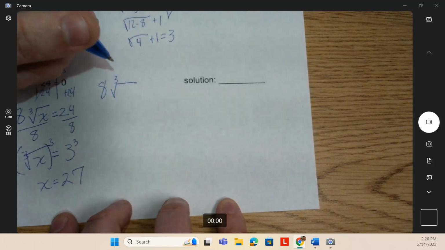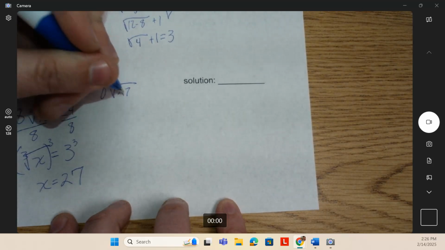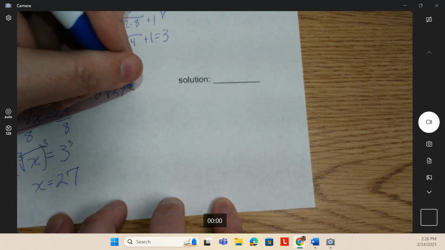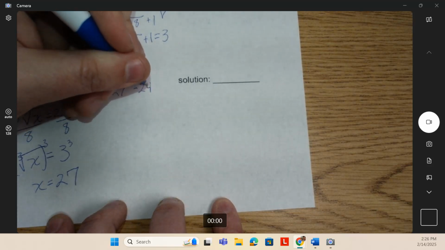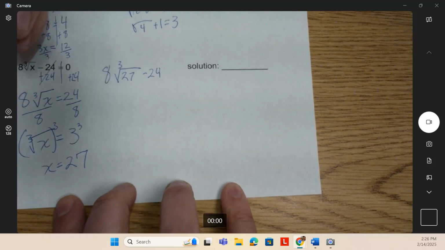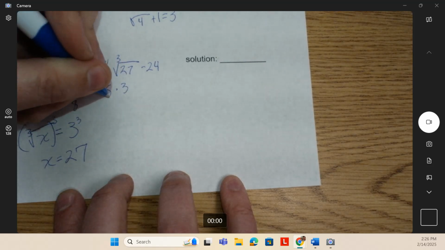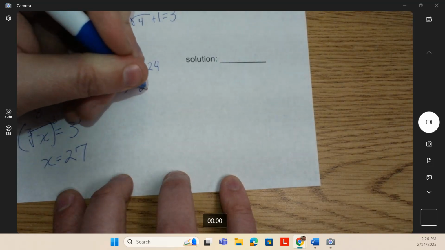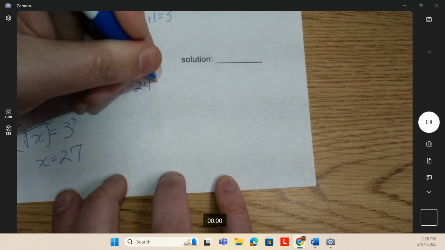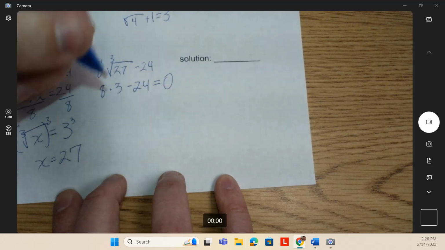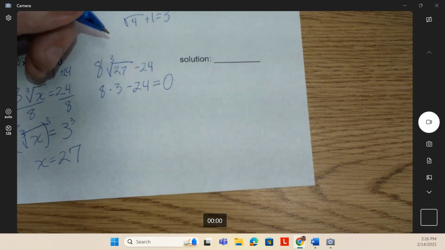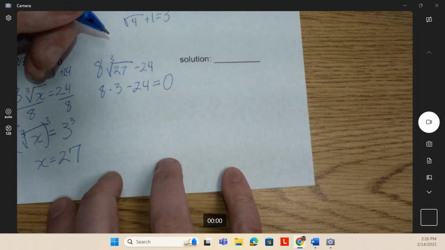So 8 times the cubed root of 27, which is going to be 3, minus 24, I should just end up with nothing. So the cubed root of 27 is 3. And 8 times 3 I know is 24, so it's looking good for us. So if that's 24, we subtract it, and that's going to equal 0.